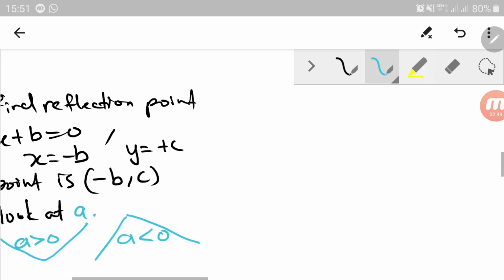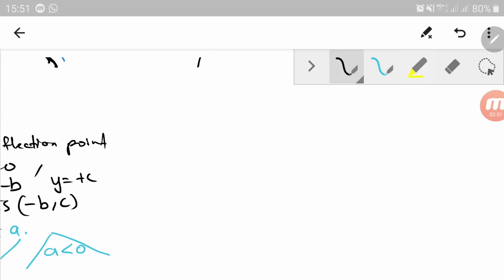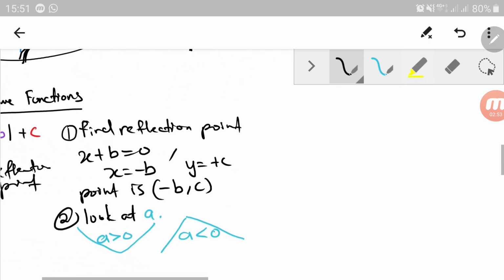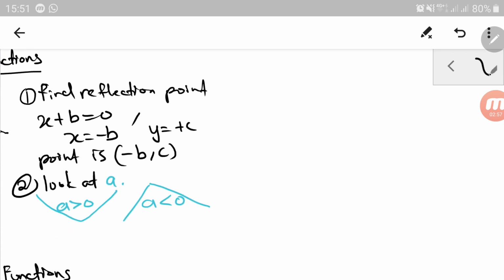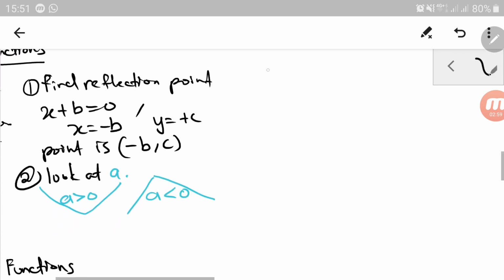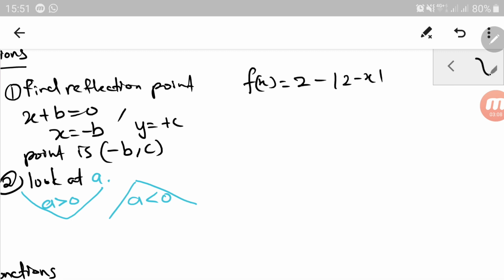Now why don't we do it right away with an example? Oh, we don't have one, I just made one up. Let's see, f(x) equals 2 minus |2 minus x|. First we find the point. How to find the x? Everything inside the modulus, 2 minus x, equals 0. So x is 2.